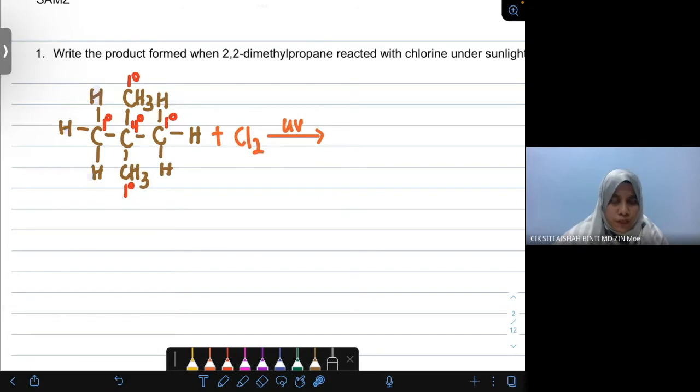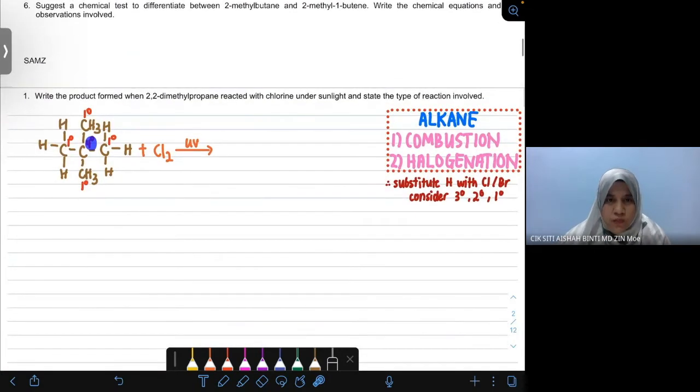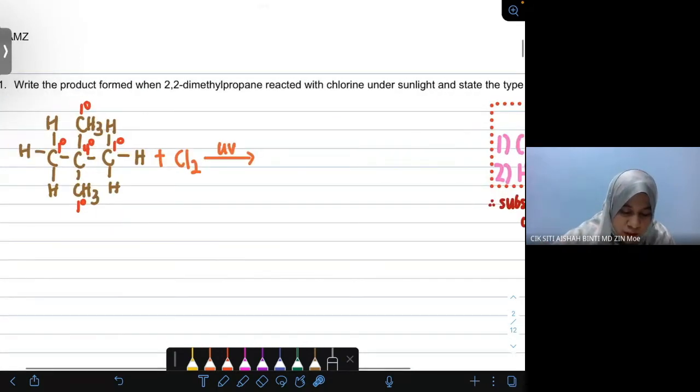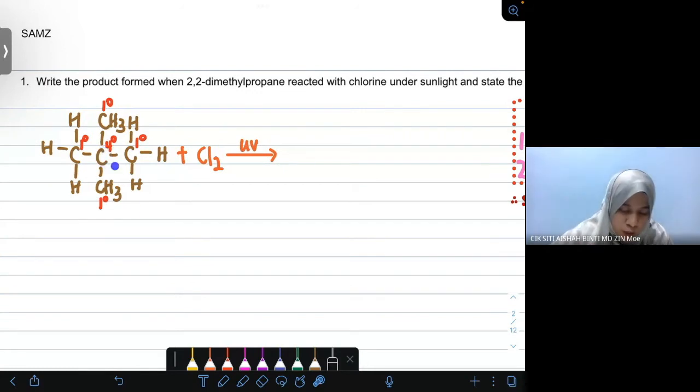So we see a quaternary here. When we talk about the classification, we always consider tertiary, secondary, primary. In this case, our carbon is quaternary. Why don't we consider quaternary? Actually, on our quaternary carbon, there's no hydrogen attached.